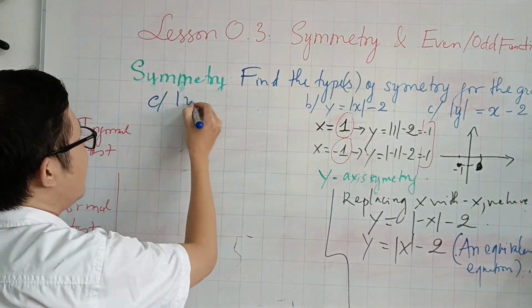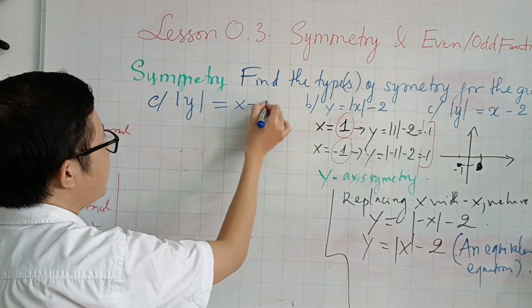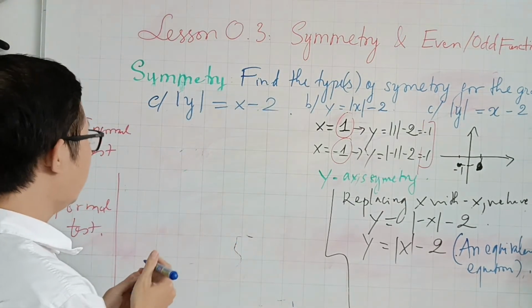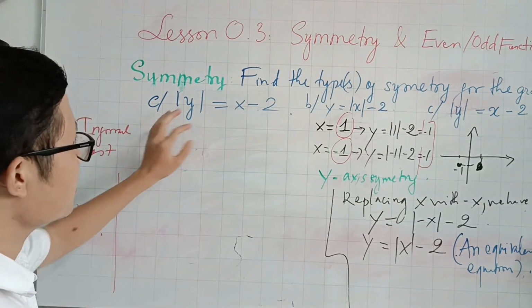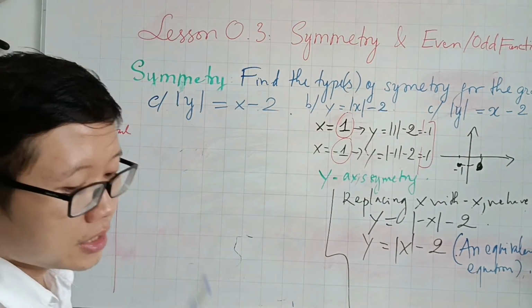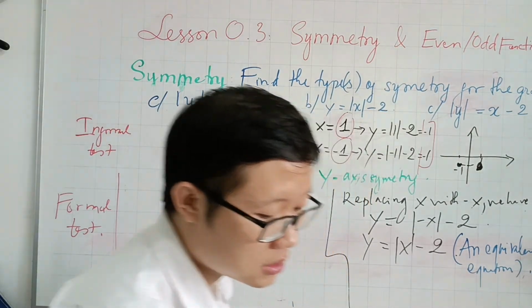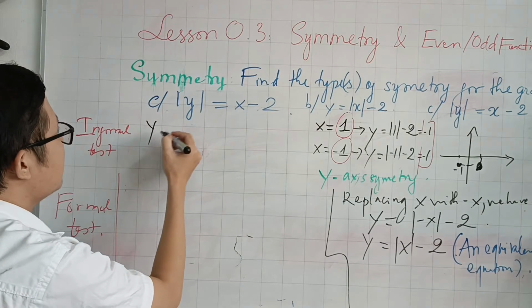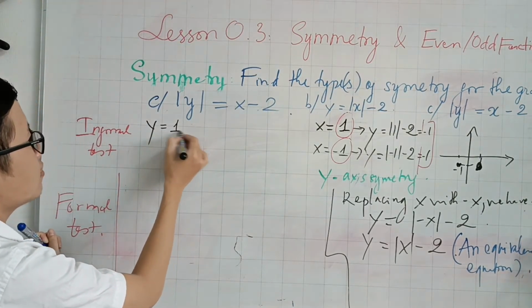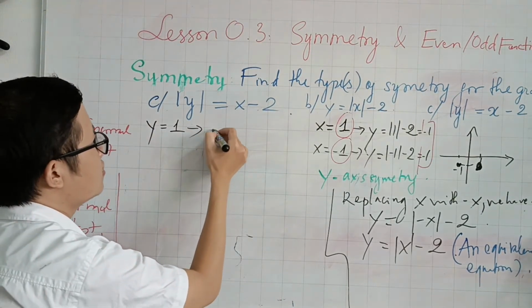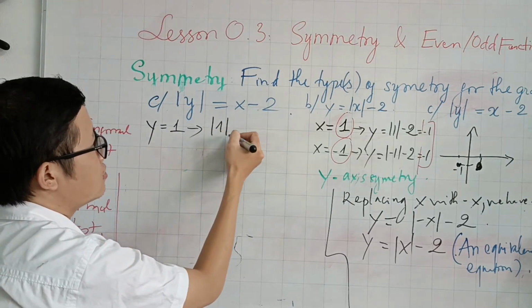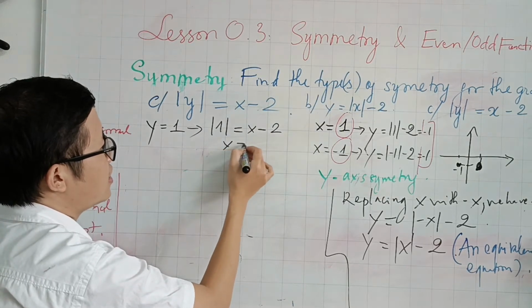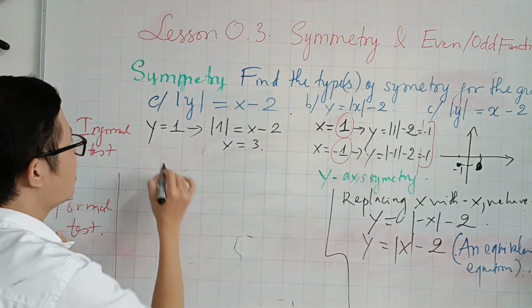See, absolute of y equals x minus 2. Informal test: because it is absolute of y, we replace y. Y equals 1, so absolute of 1 equals x minus 2, and x equals 3.